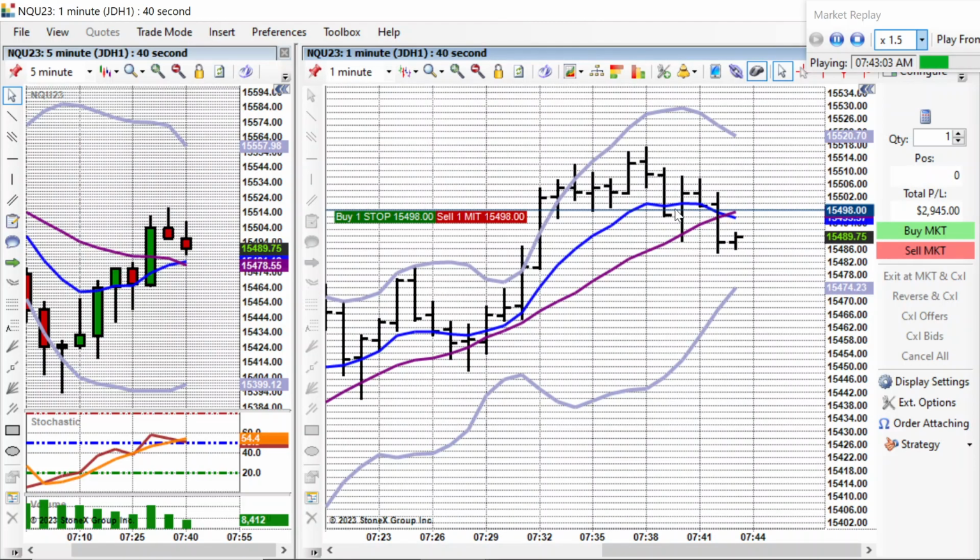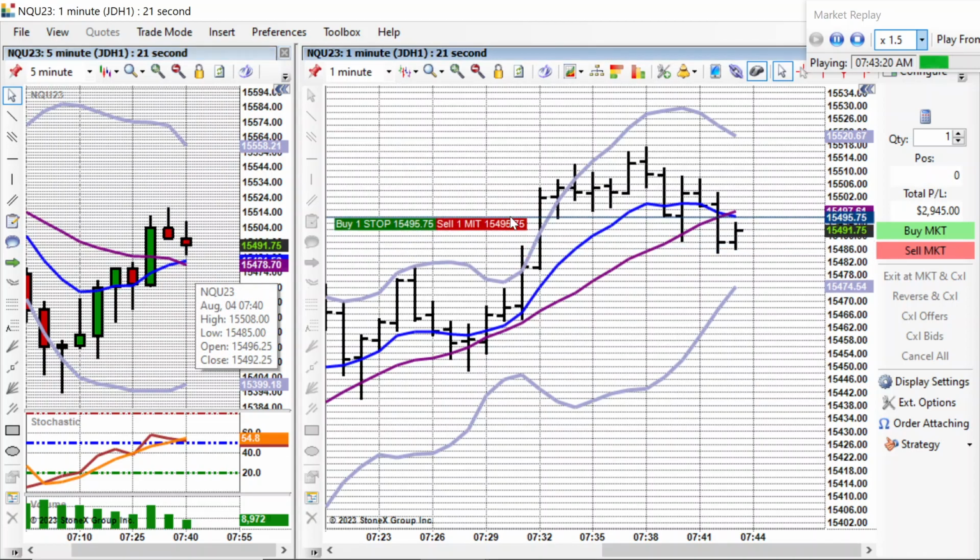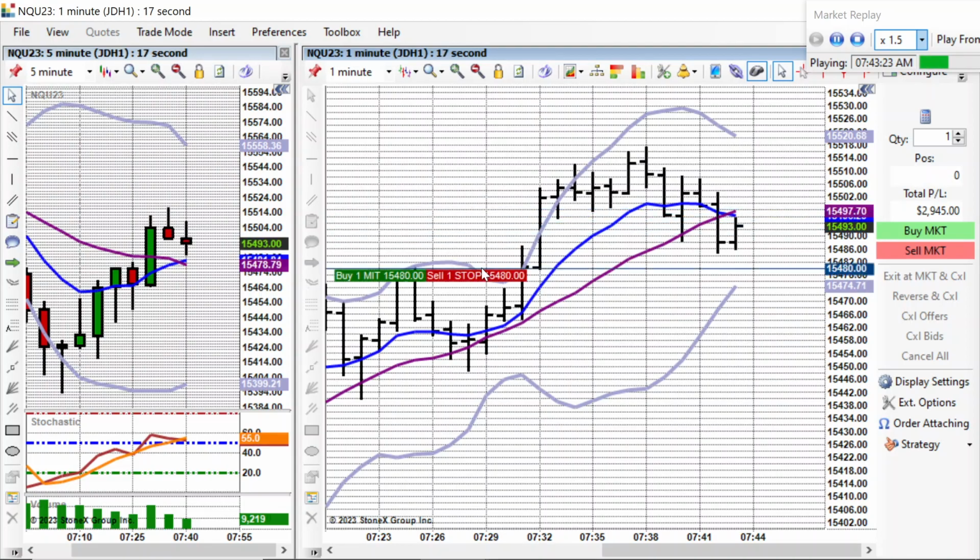I'm not interested in taking the short trades here because look at what we just did on the 5 minute side. We're in an uptrend actually in the longer term view, but we're in a 5 minute retracement swing back to the 5 minute ADMA. So I'm going to decide not to take that short trade.